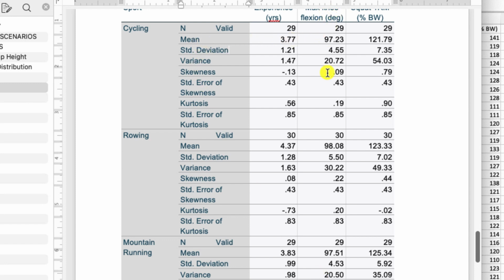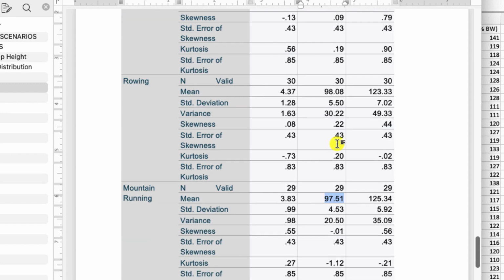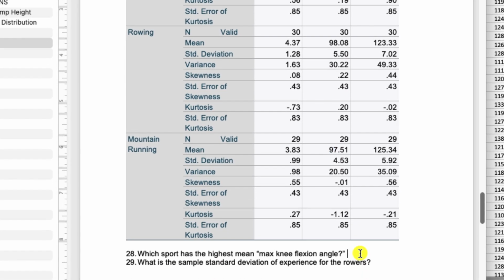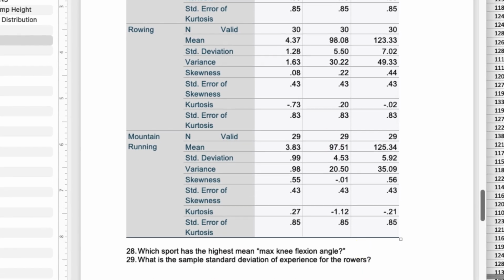Max knee flexion angle is our center column. Cycling has a mean of 97.23, rowing 98.08, and mountain running 97.51. Based on these calculations, rowing would have the highest mean max knee flexion angle.